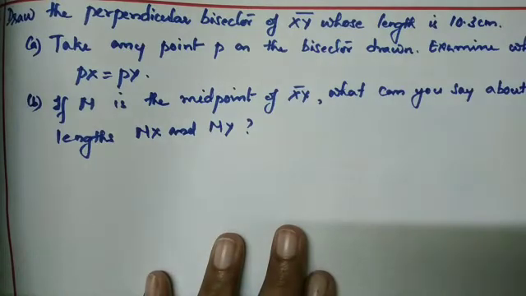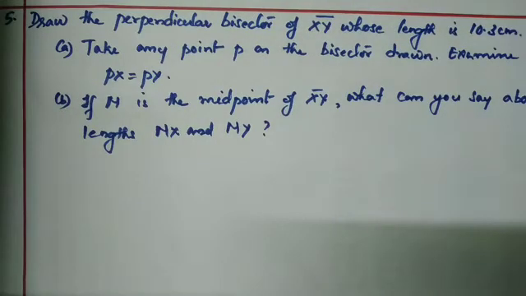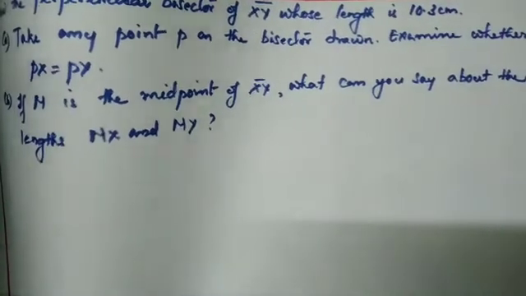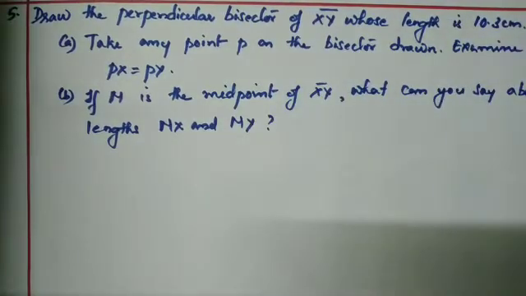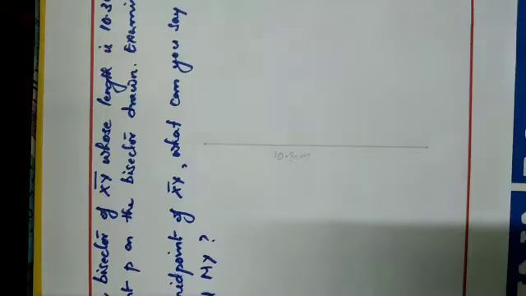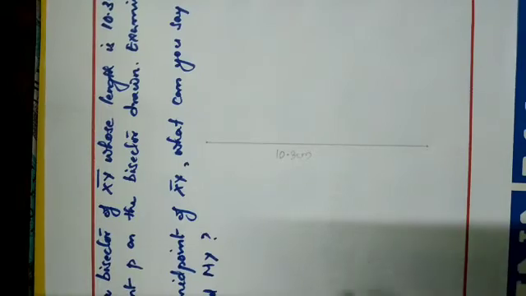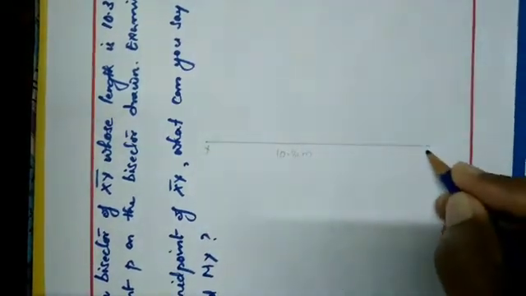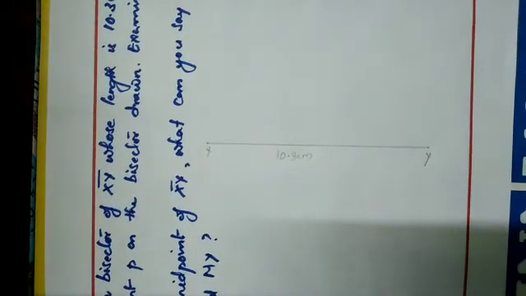Second question, if M is the midpoint of XY, what can you say about the lengths of MX and MY? So draw the line segment of length 10.3 cm and name it XY.